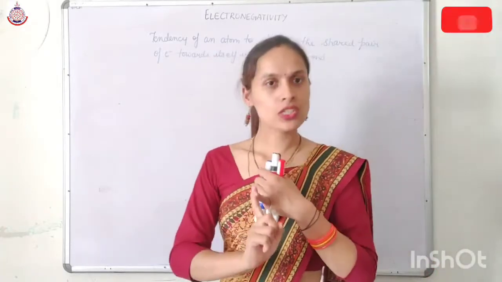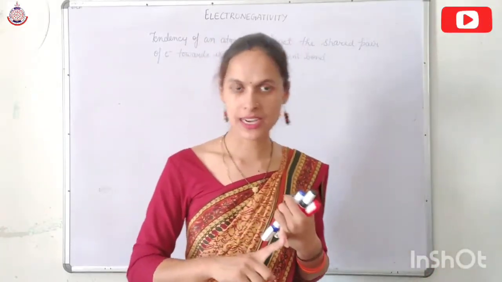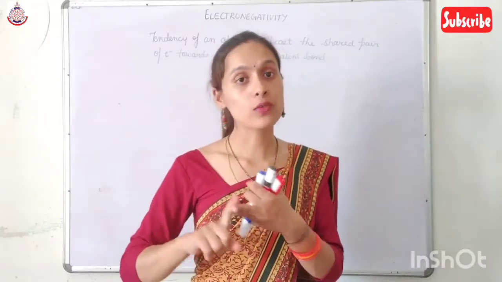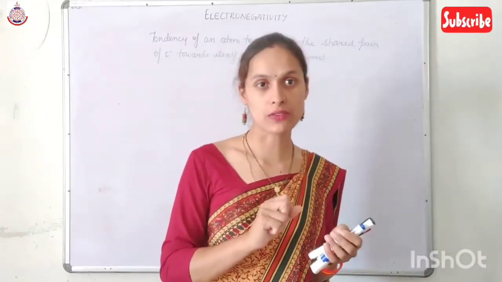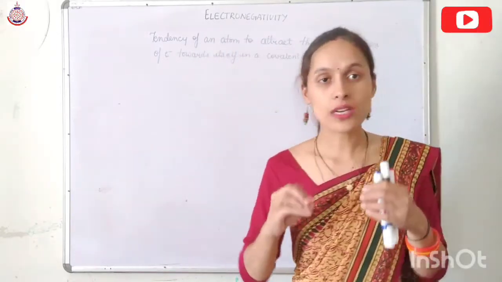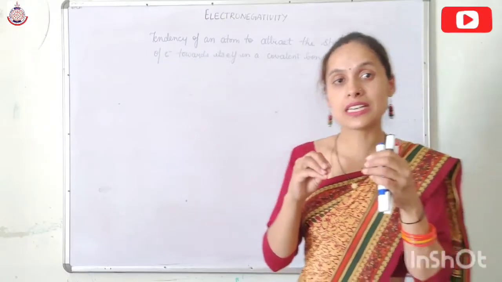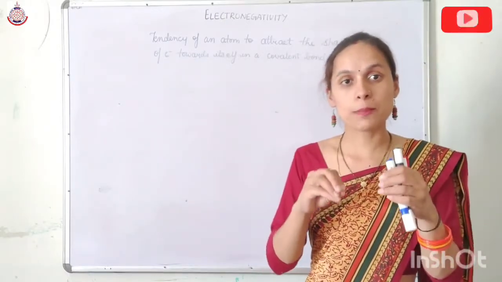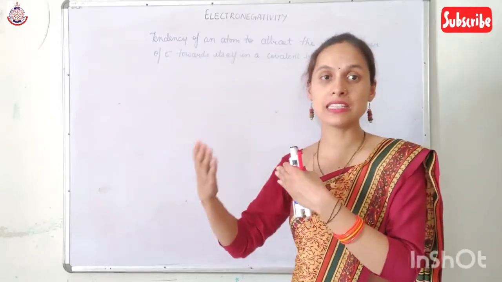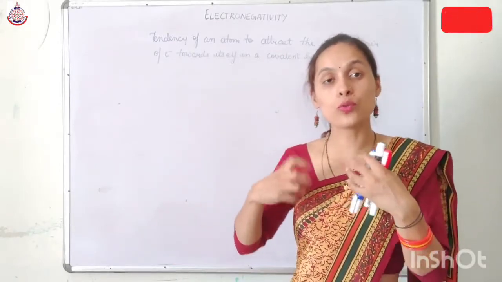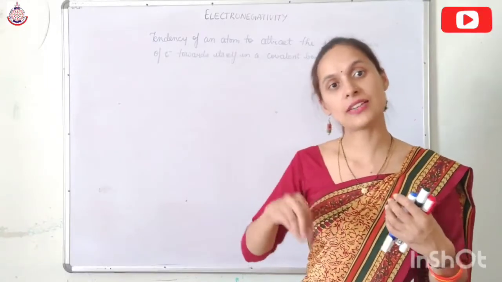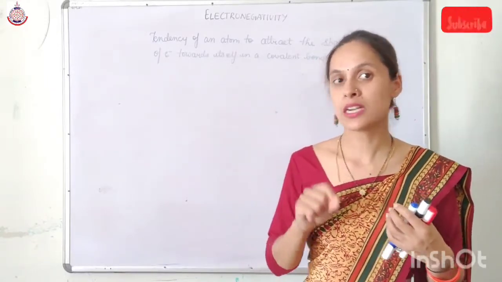Now, we can measure ionization enthalpy, we can measure electron gain enthalpy, but we can't measure electronegativity. Why can't we measure electronegativity? Because electronegativity is the tendency of an atom which depends on its neighboring atom. Means which atom it is bonded to, on that factor the electronegativity of that particular atom depends.